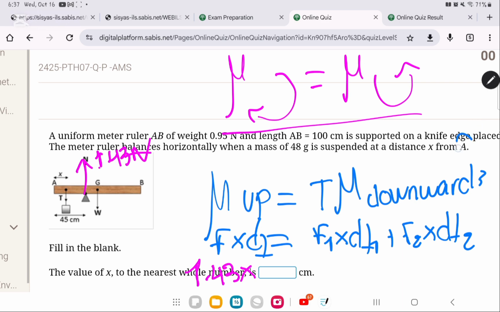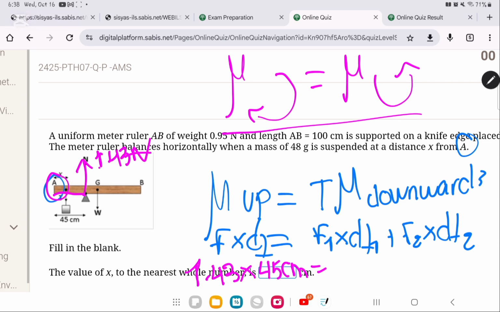From A. We know that A is the axis. I will go back and tell you why A is our axis. So for now, we know that A is our axis, okay? So what is the distance from the force to the axis? It is 45 centimeters.